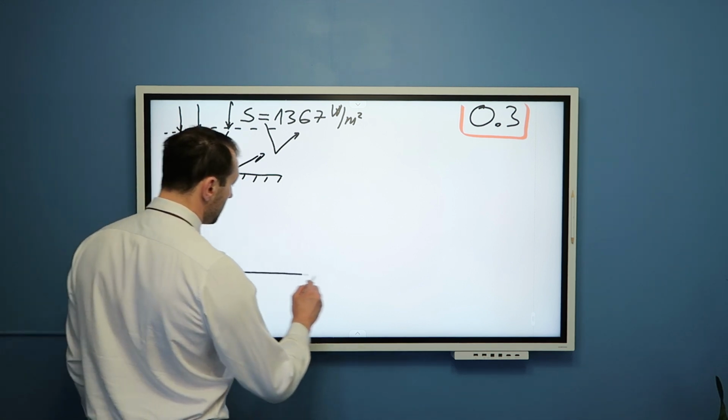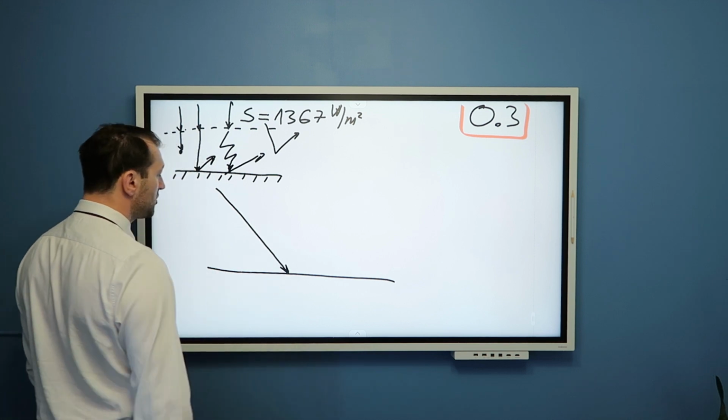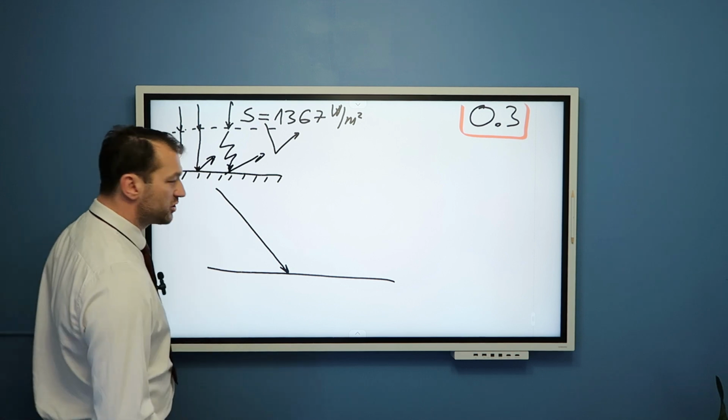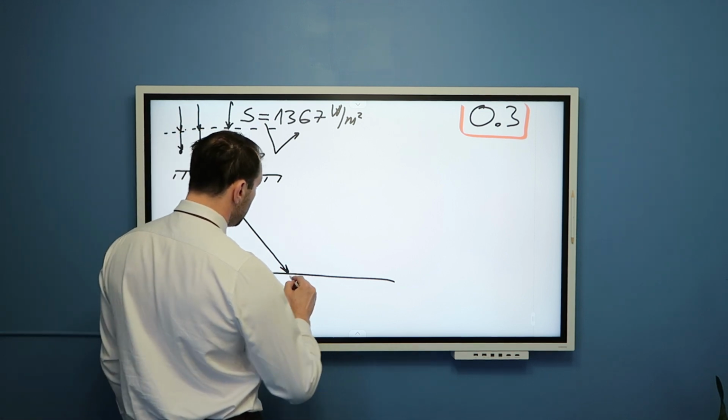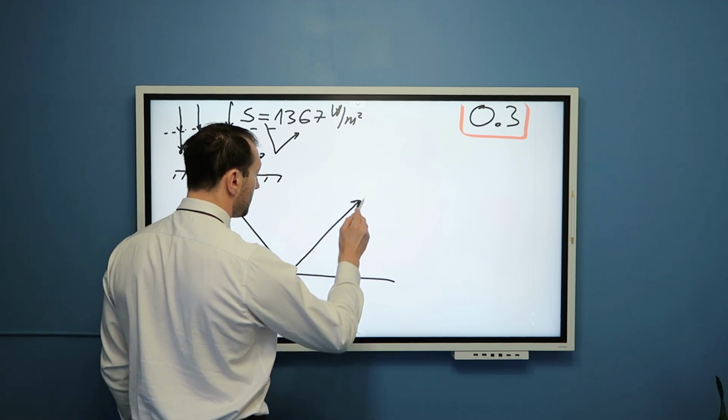So what I'm saying is, if this is the surface of the Earth, we have solar radiation that is coming at the surface of the Earth. It can be direct or diffuse, doesn't matter. It can be absorbed, but it can also be reflected.